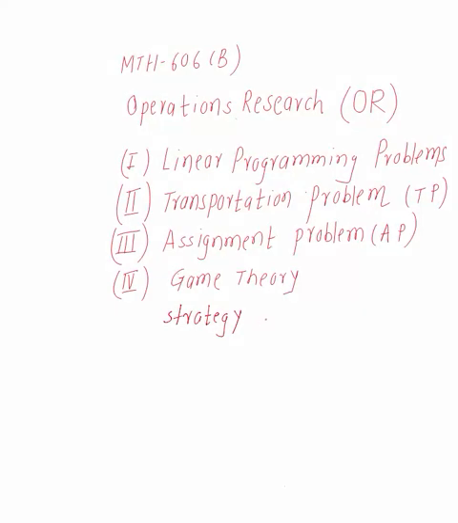There are two players in a game and both are using different strategies to play certain game. So we will see what is a strategy for a player. Then what is the value of a game?